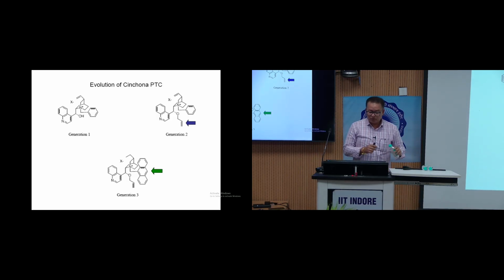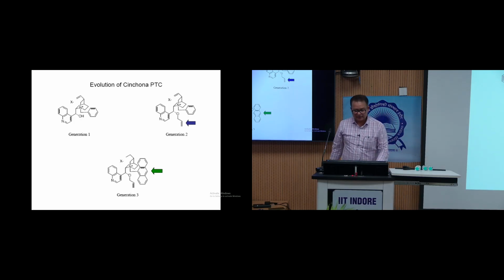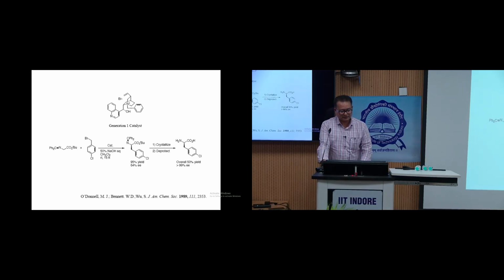So the first one is generation 1, the second is an allylated molecule which we call generation 2, and in the third one, they replace the benzyl with an anthracene and we call it the generation 3 catalyst. These are all cinchona-based catalysts for phase transfer catalysis.